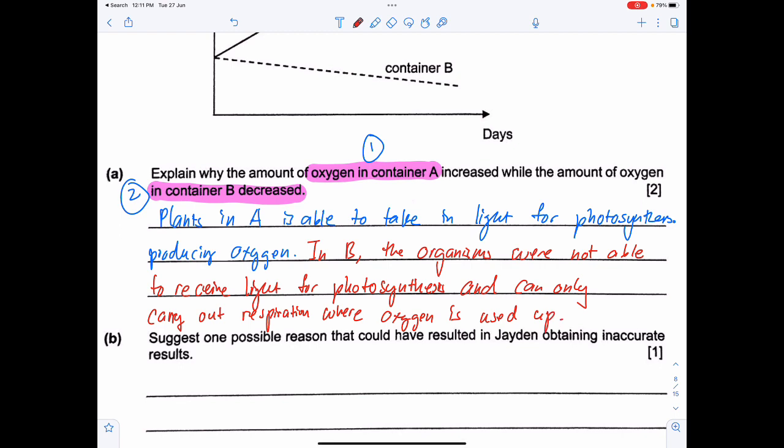So the used up part and the respiration part qualifies the graph pattern, whereby it is actually decreasing.